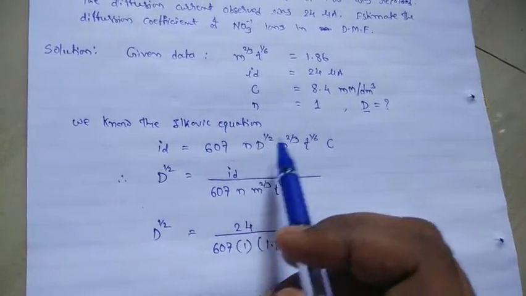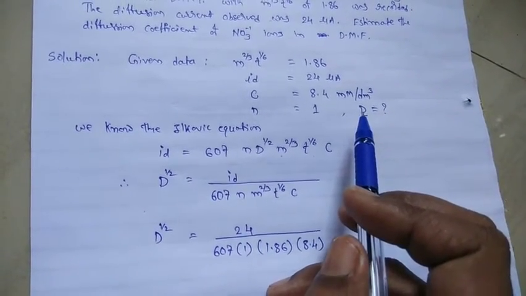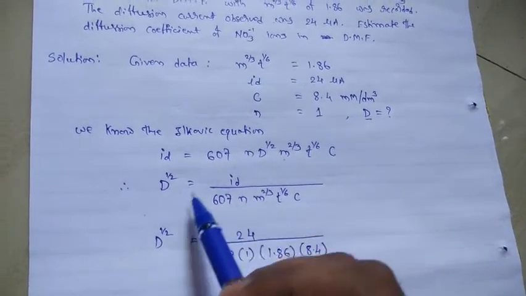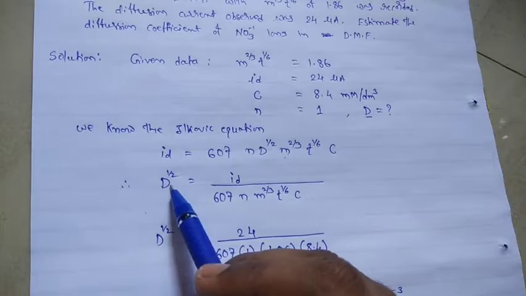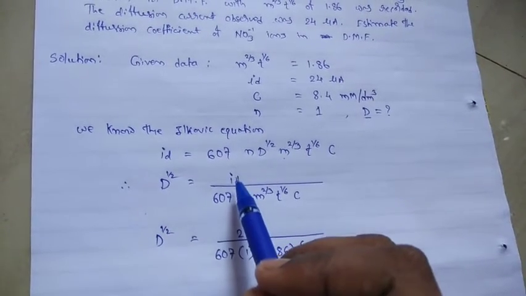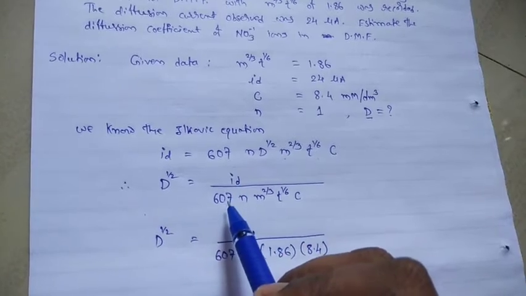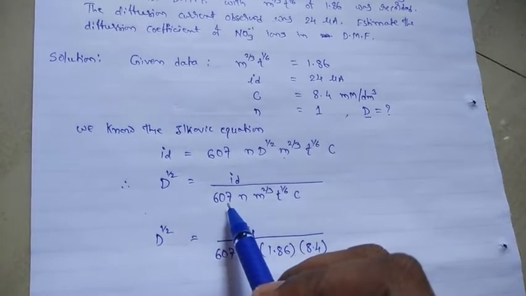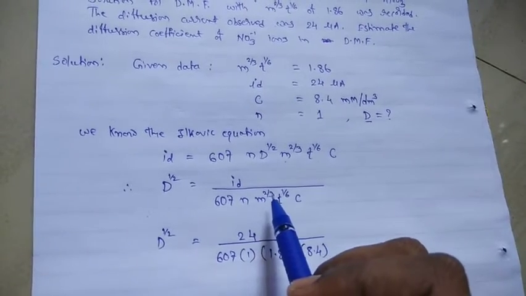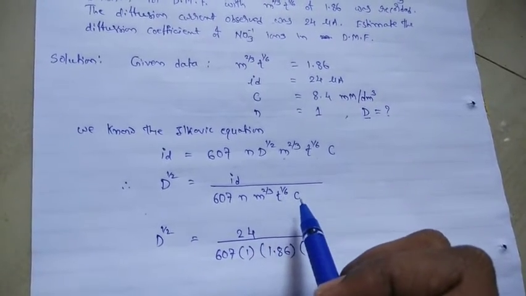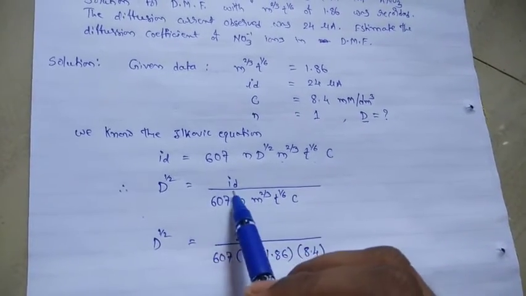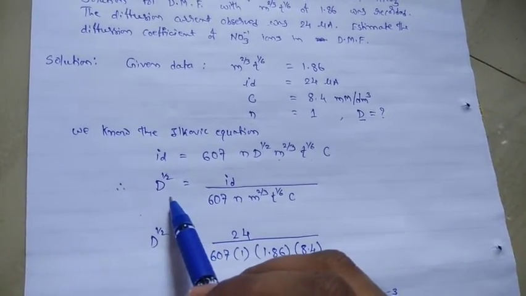So since we have to calculate this D, that is the diffusion coefficient, we have to modify this Ilkovic equation as d raised to half, or you can say the square root of d, is given by id upon 607 into n into m raised to 2 upon 3 into t raised to 1 upon 6 into c. Just we have modified this equation like this, since we have to calculate the diffusion coefficient.